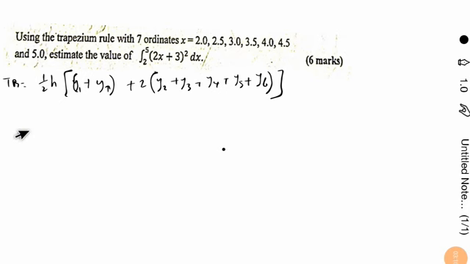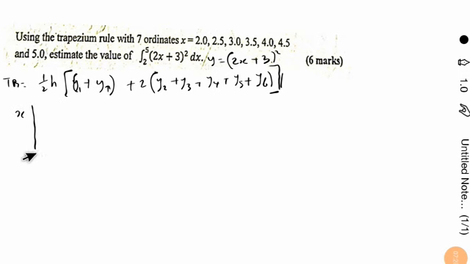So let's see how you can solve it. Let's say y is equal to 2s plus 3, everything to the power of 2. Let me draw the table for it. Here we have our s.